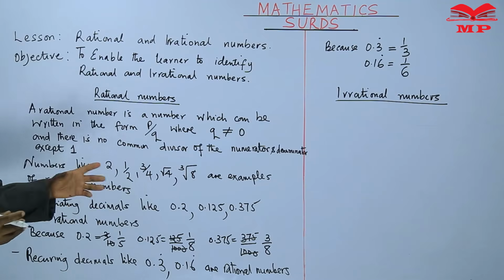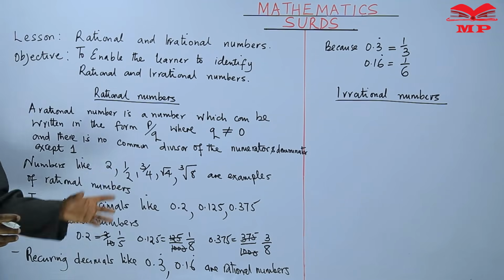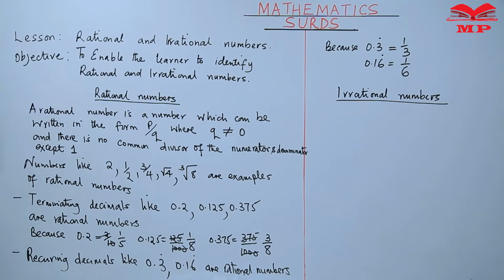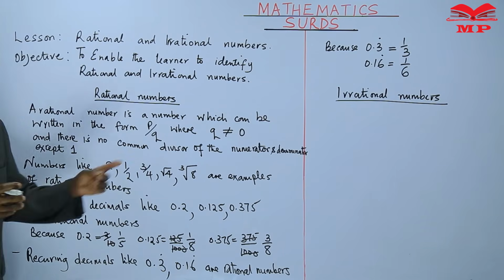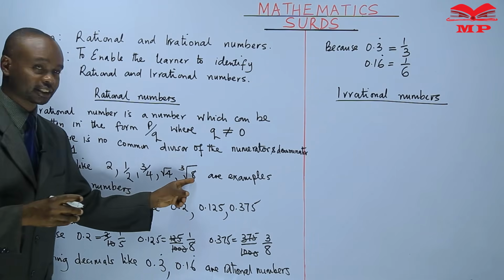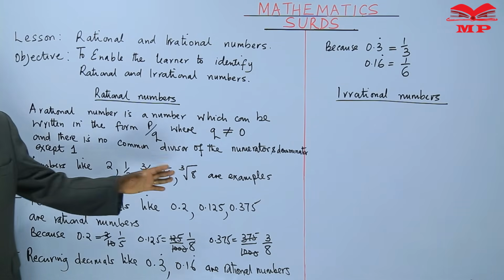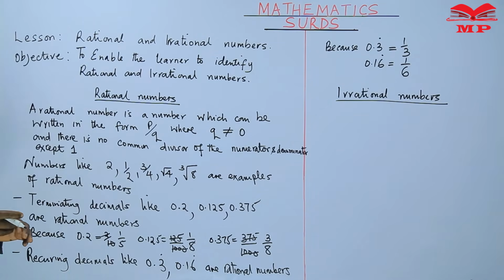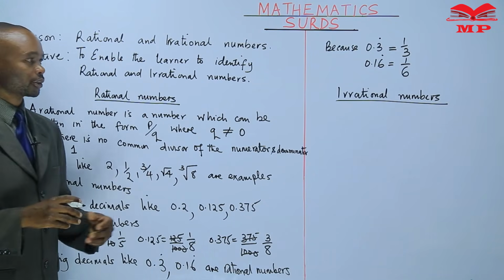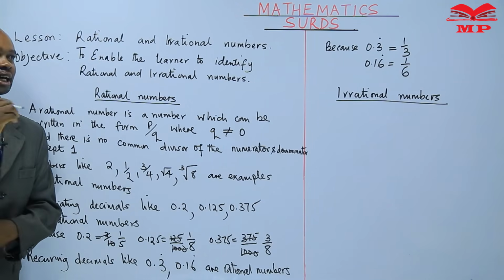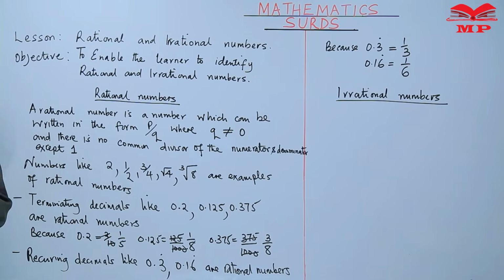Most of the rational numbers have a perfect square or a perfect cube root. What is the square root of 4? It is 2. What is the cube root of 8, learner? It is 2. So most of the rational numbers have perfect squares or perfect cube roots. When we come to irrational numbers, most of them will not have a perfect square or a perfect cube root.